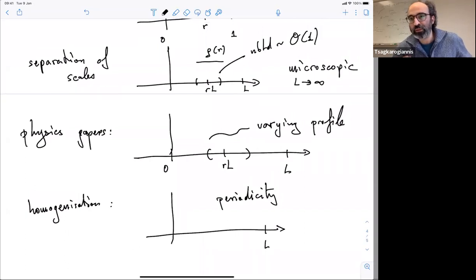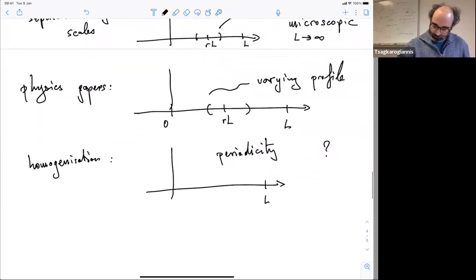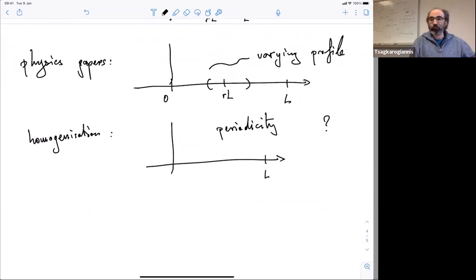And I will try to comment when I have the formula. Okay. So I put it with question mark because it's something that I want to study. And it is not clear to me yet how to do it. Okay. All right.